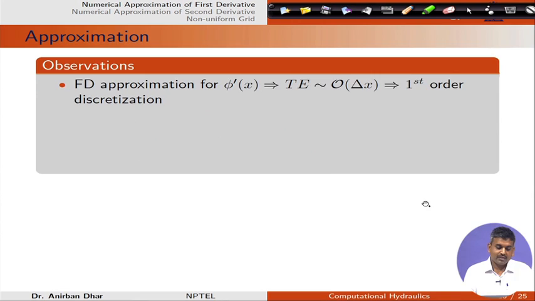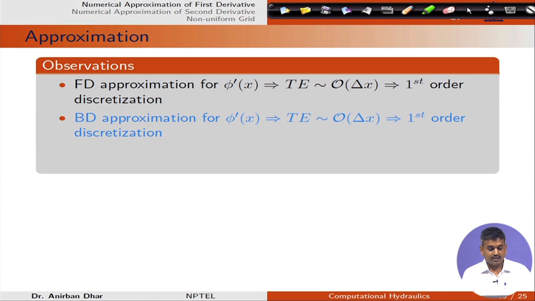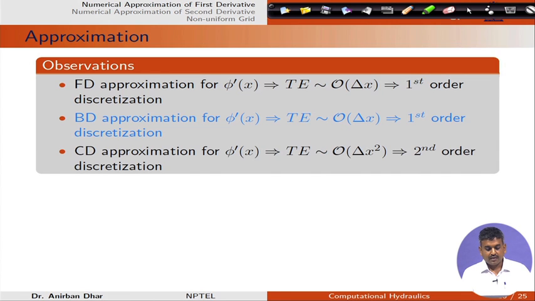So, what are the observations? Forward difference approximation for phi prime x is of first order discretization, backward difference is of first order, center difference is of second order discretization.